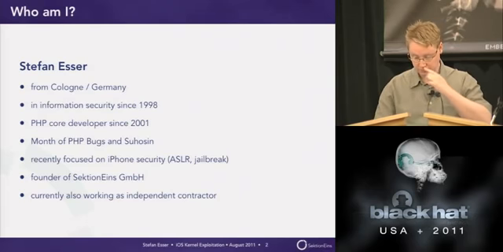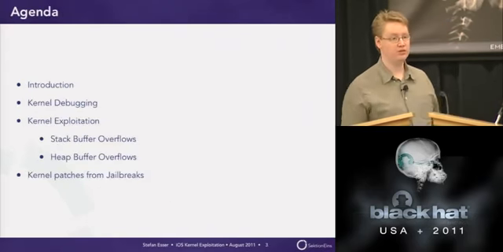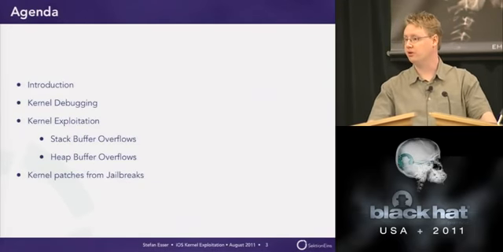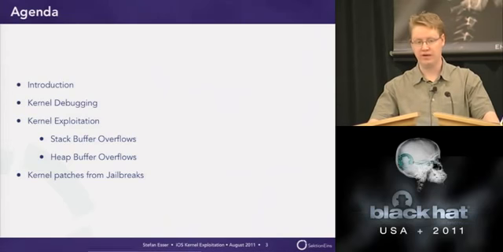contractor right now. So what I want to talk about today is a short introduction about iOS kernel exploitation, highlight some similarities and some differences to the macOS kernel. And then I will give a short introduction on how to activate the kernel debugger in iOS.